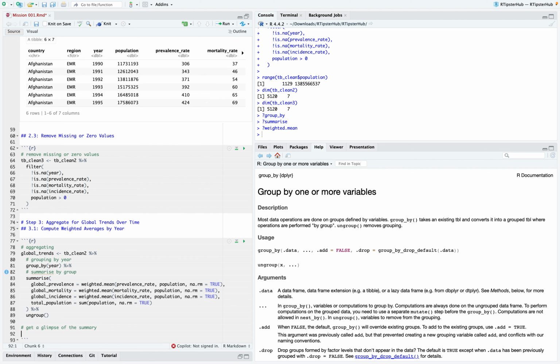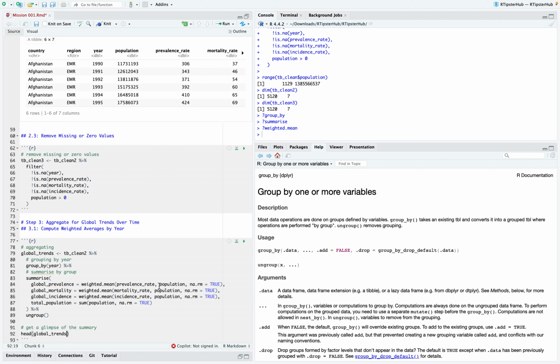And na.rm means remove NAs, or remove missing values, so that it doesn't skew the weighted mean.